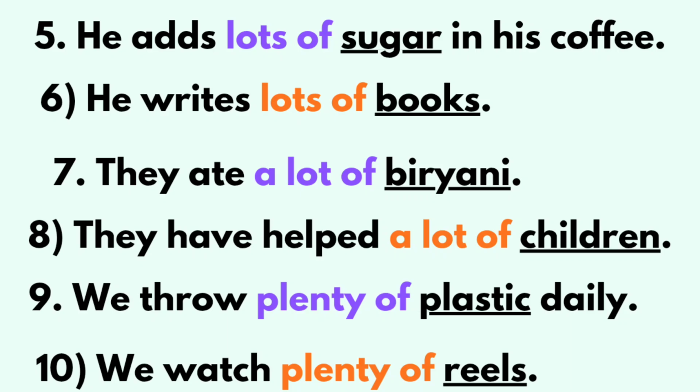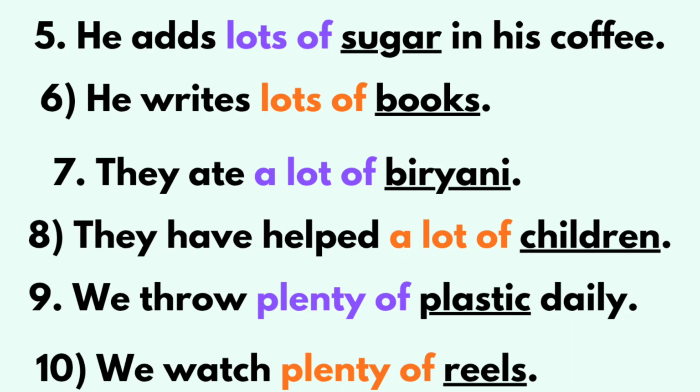We throw plenty of plastic daily. We watch plenty of reels. Here plastic is uncountable. We cannot define how much plastic, plenty of plastic. How many reels? Plenty of reels. In previous videos I told you how to identify countable and uncountable nouns.